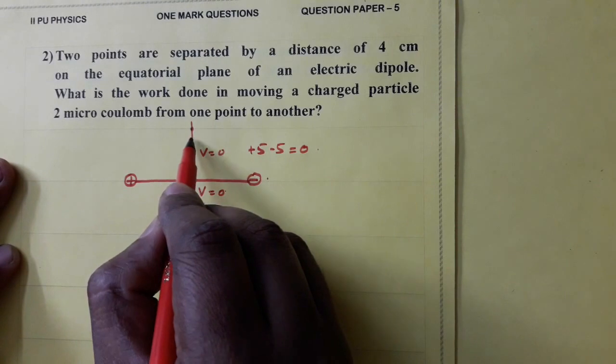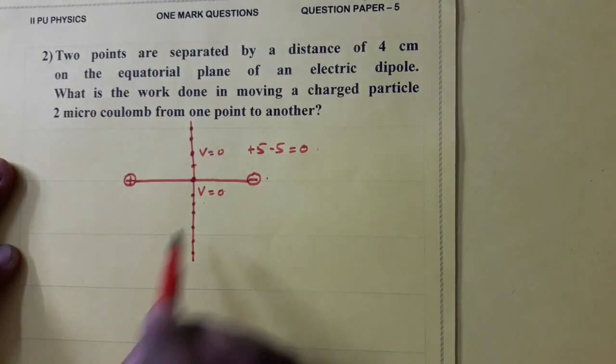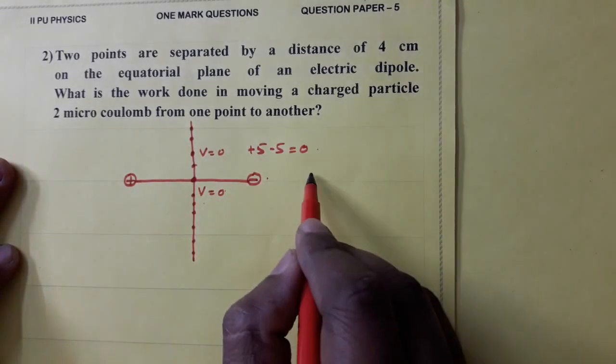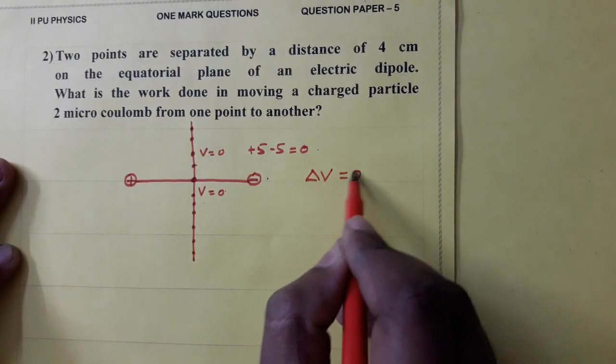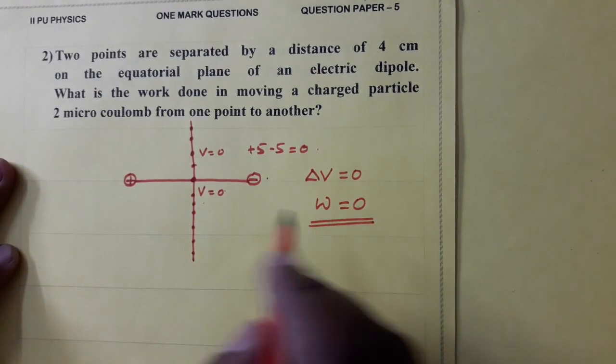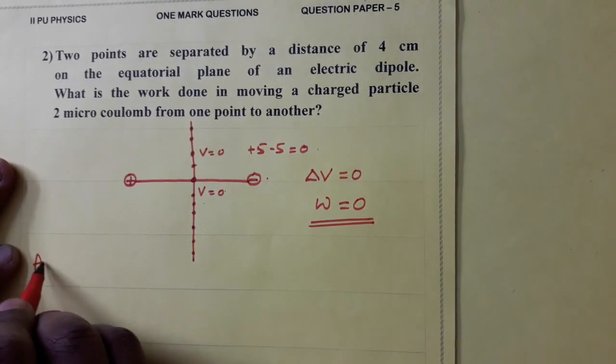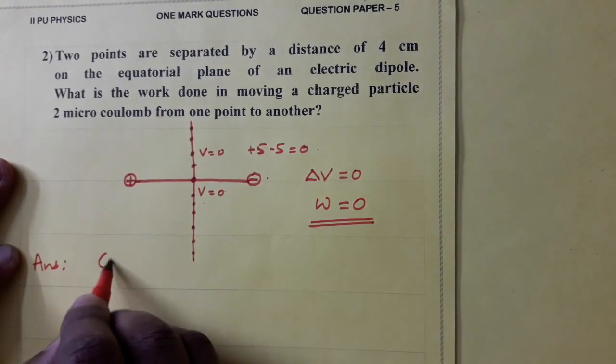So each and every point on the equatorial plane is at 0 potential. Therefore potential difference is 0 and work done is also equal to 0. Work done to move any charge from one point to another point is 0.